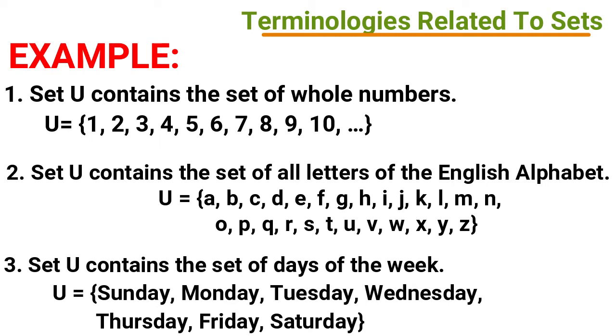Example 1 is a universal set that contains the set of whole numbers. Example 2 is a universal set that contains the set of all letters of the English alphabet from A to Z. And number 3 is a universal set that contains the set of days of the week.